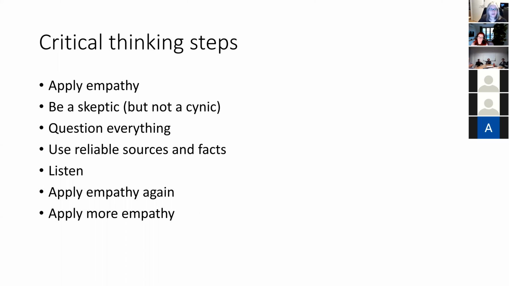Okay, so a few steps. The first, probably the most important thing, is applying empathy. If you can't apply empathy, it's because you can't actually see or know much about who you're designing the product for.